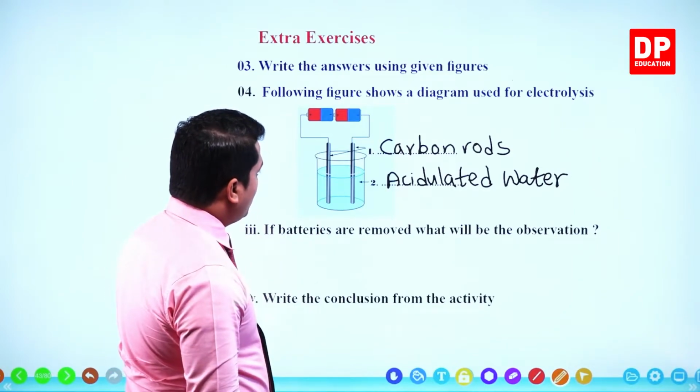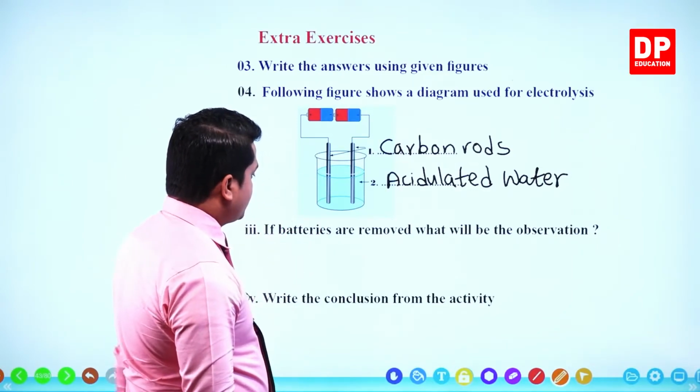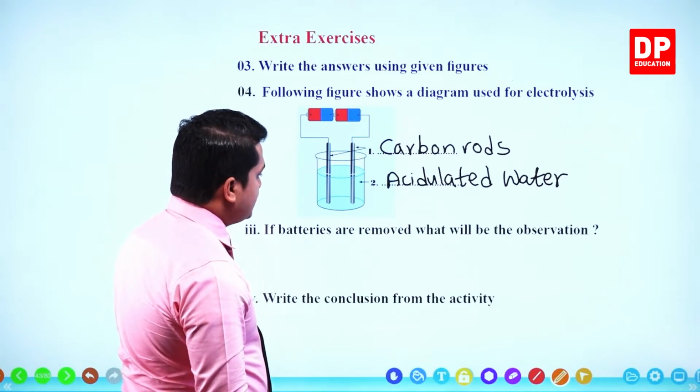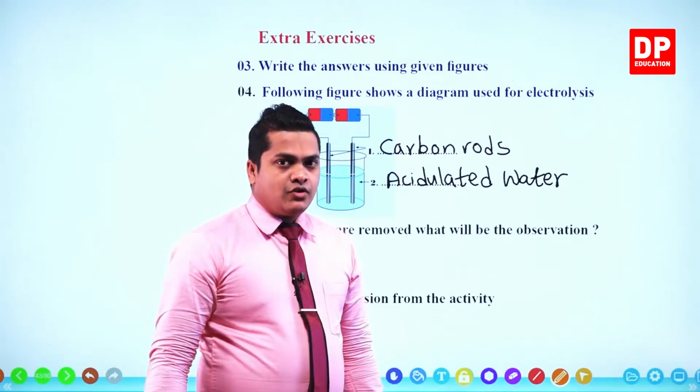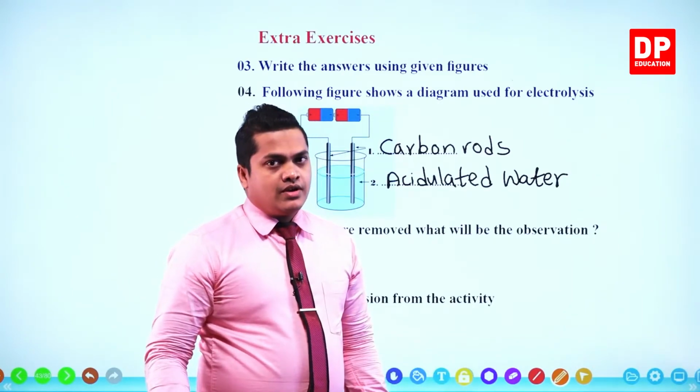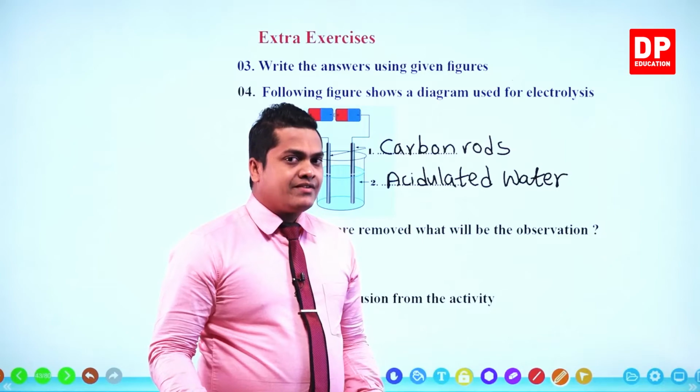Now in the third question they are asking, if batteries are removed, what will be the observation? If the batteries are removed, there is no electric supply, there is no electric current.